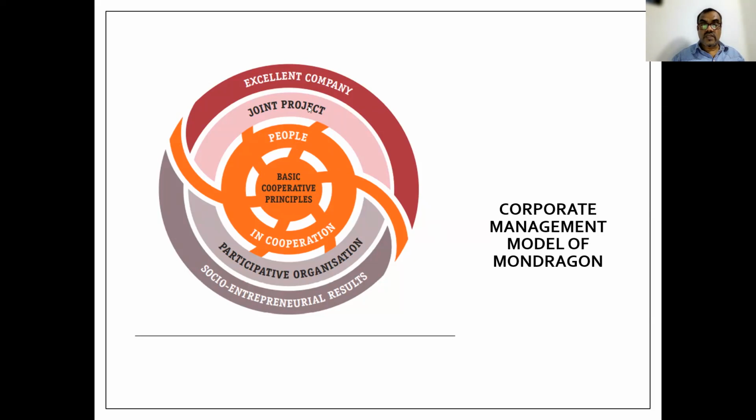These joint projects are not simple joint ventures where everyone just tries to maximize their profit. This is really based on sharing information. To a great extent, now Mondragon uses technology as well. The participative organization. Participative organization means stakeholders take part in all the engagement.